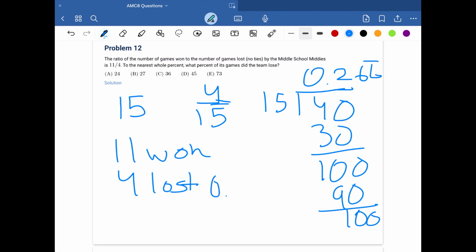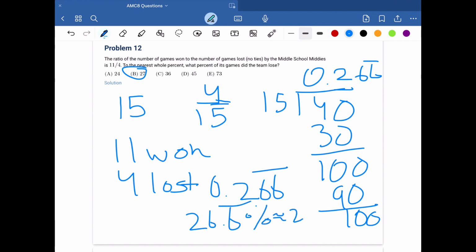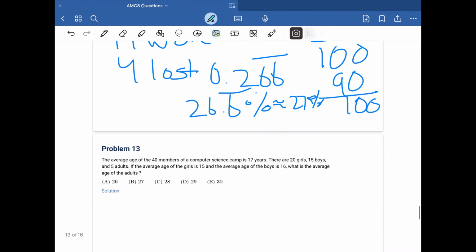So our answer would be 0.266 repeating. And this most corresponds to B, 27%, because when you convert a decimal to a percent, you multiply by 100, and you get 26.6 repeating percent, which is roughly equal to 27%. So let's move on to the next question.